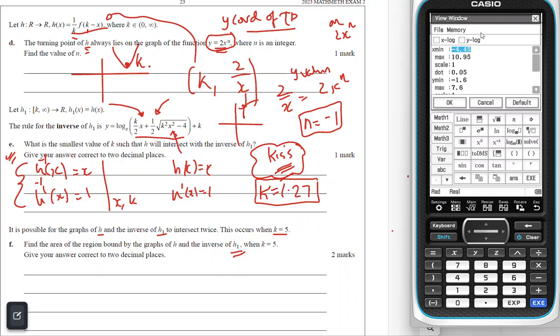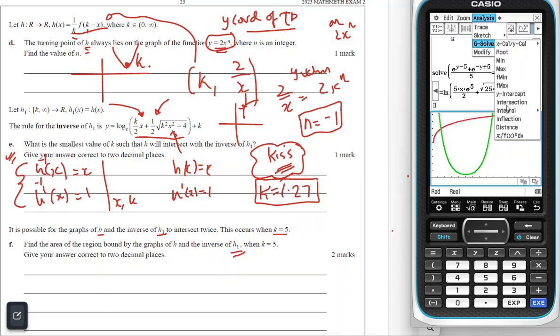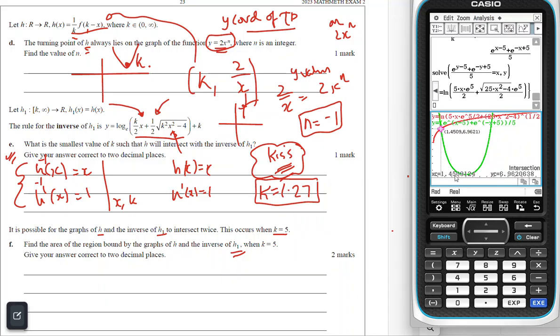Okay. And if I grab this and drag and drop this, that's the intersection point that I'm looking for. So let's find those intersection points. 1.45.